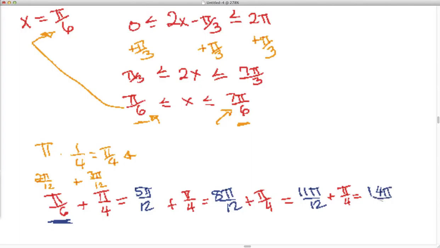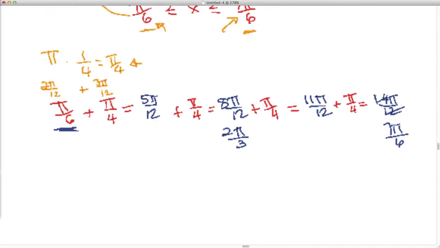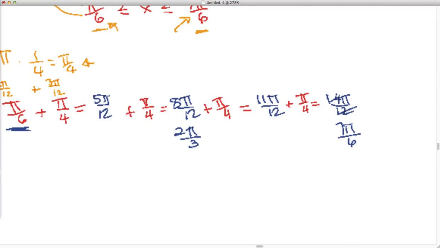Some of these can be reduced, so let's go ahead and reduce them. 8 and 12 have 4 in common, so if I take 4 out of the top, I get 2, and 4 out of the bottom, I get 3, so that's 2 pi over 3 in disguise. And these both have 2 in common, so that's 7 pi over 6. Alright, so let's put these on a graph and then make a picture.